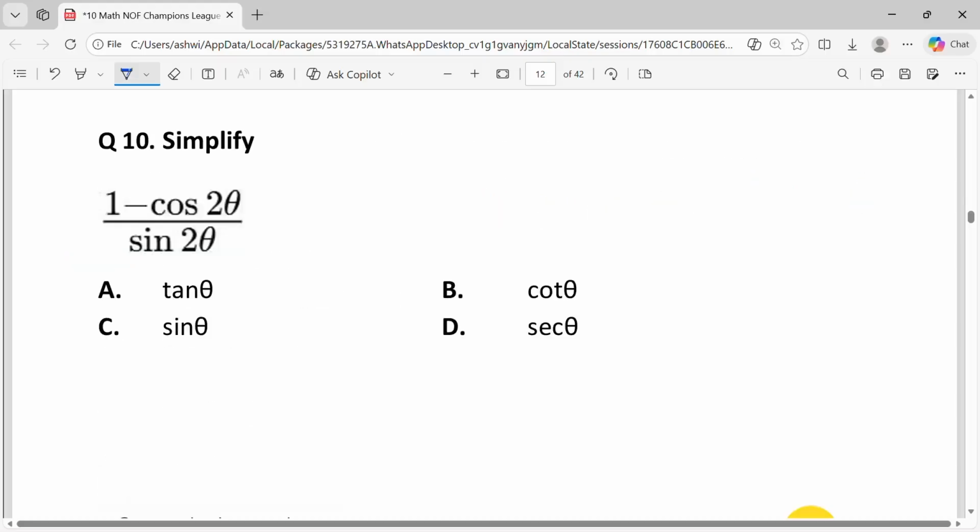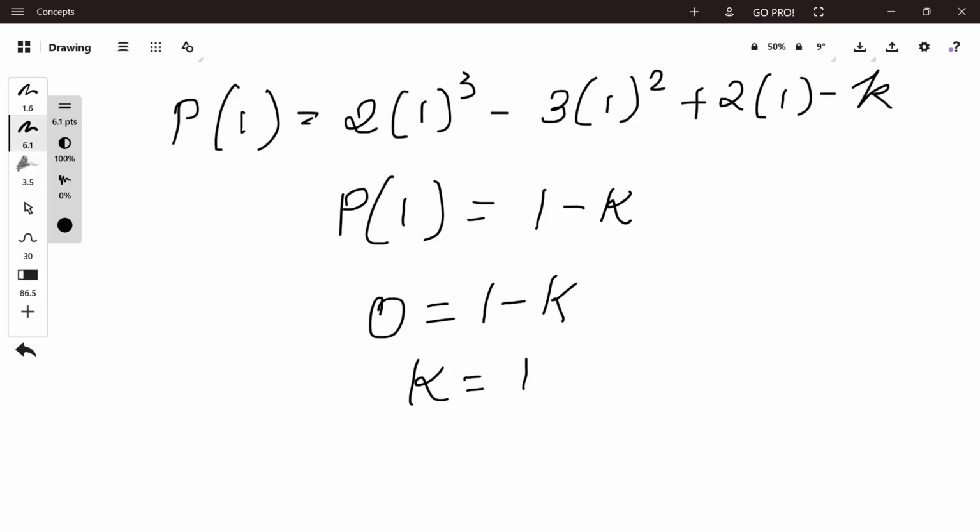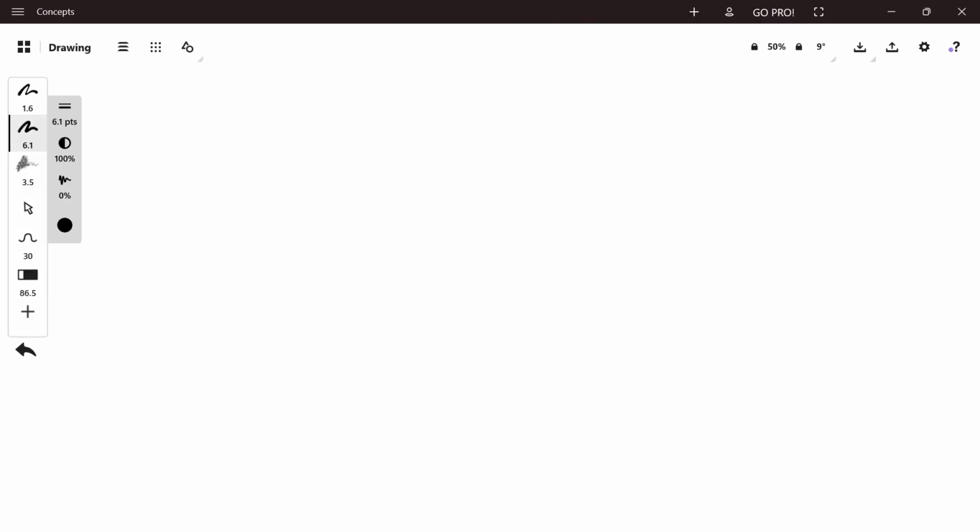Question 10. Simplify (1 minus cos 2θ) upon sin 2θ.